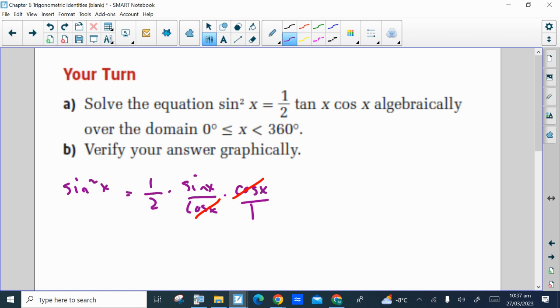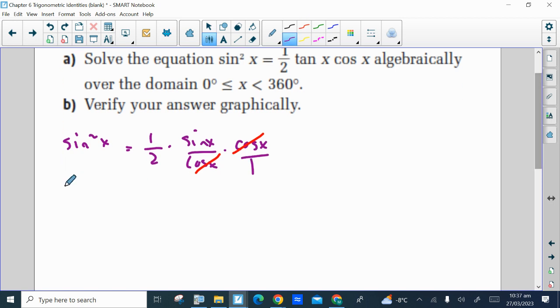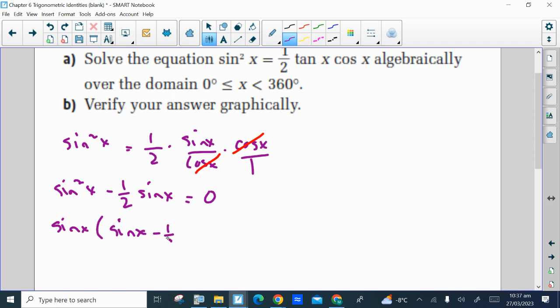So that would leave us on the right side with just 1/2 sine x. If we bring it over to the left by subtracting 1/2 sine x from both sides, there's the equation that we're going to solve by factoring. There's a common factor of sine x that we can take out.